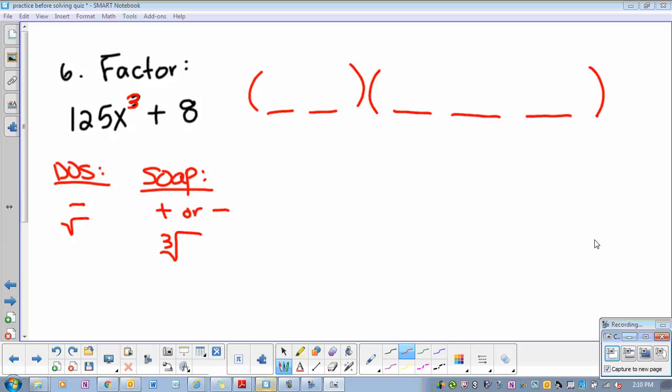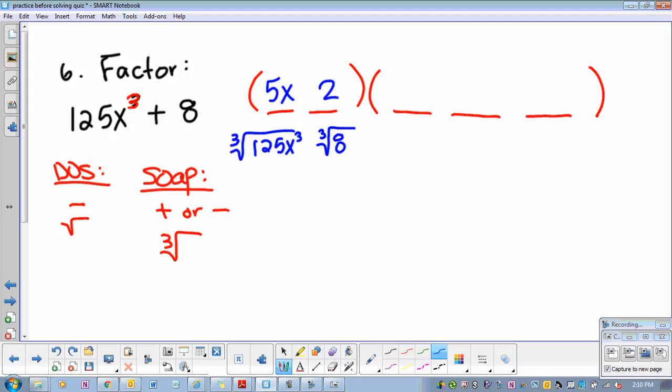Anyone remember how to do this? Yeah? Good. So cube root. What is the cube root of 125x cubed? 5x. And then what's the cube root of 8? 2. Okay? So basically, you're working with these 2 terms.